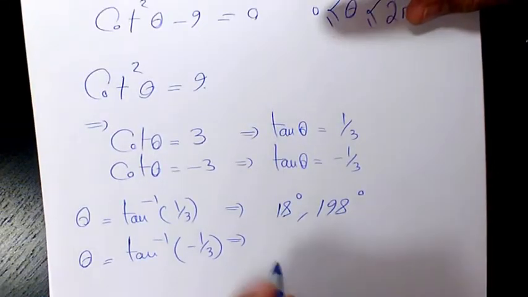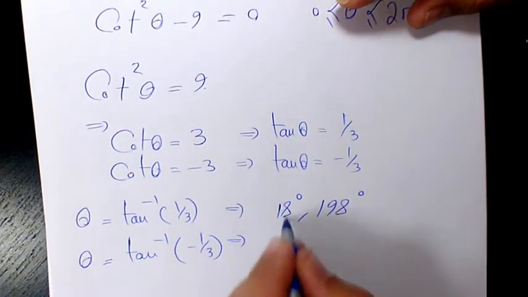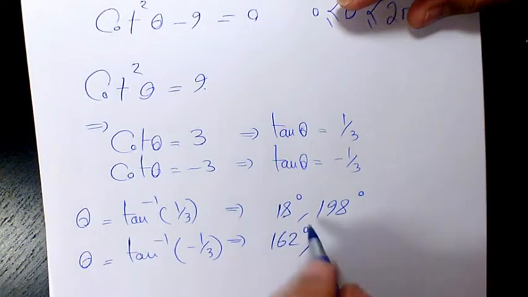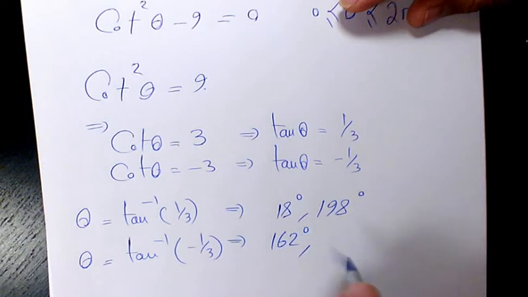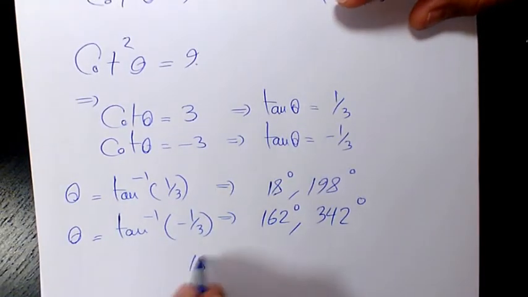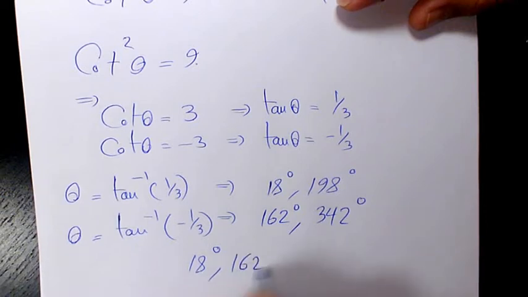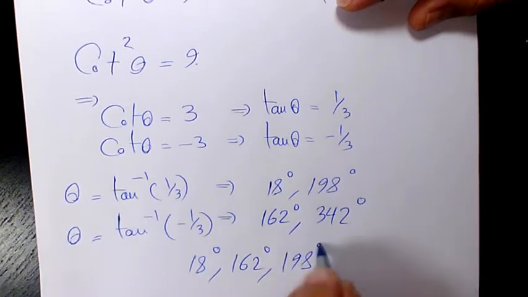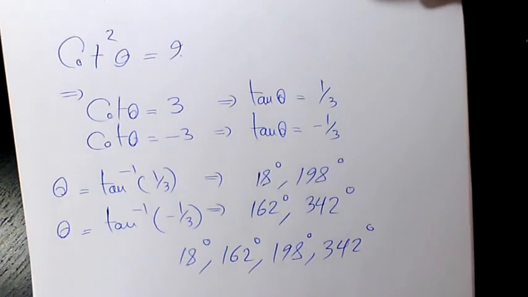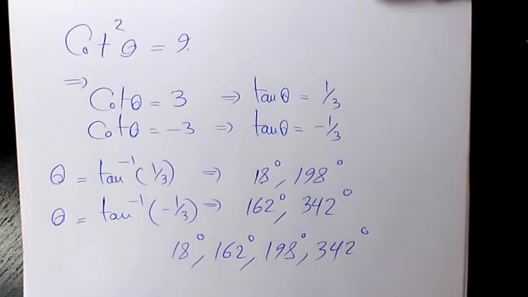The other one is going to be 180 minus 18, which is 162 degrees. And this one is going to be 360 minus 18, which is 342 degrees. So it's going to be 18, 162, 198, and 342 degrees is the answer to this question.